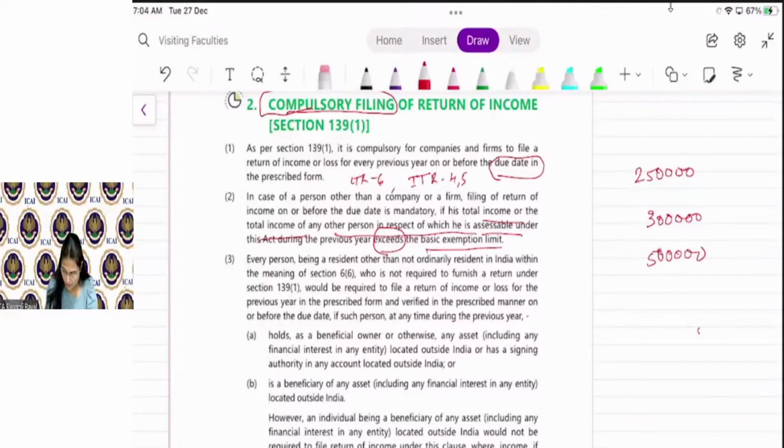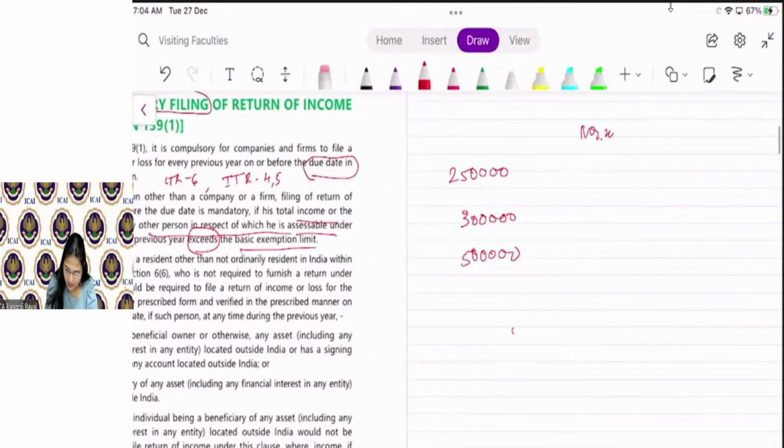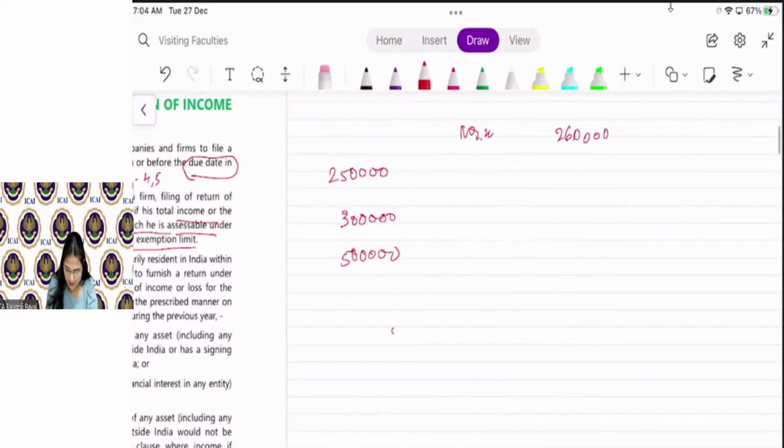Suppose someone, Mr. X, has gross income of 2,60,000 and he deposited 50,000 to a PPF account. Less deduction under chapter 6A, that is 50,000, now his income is 2,10,000.